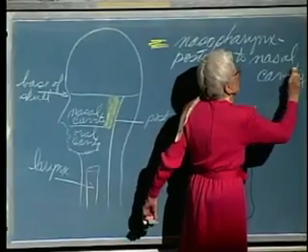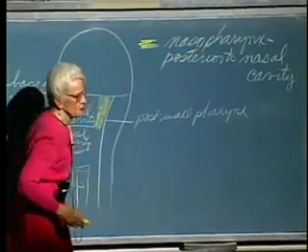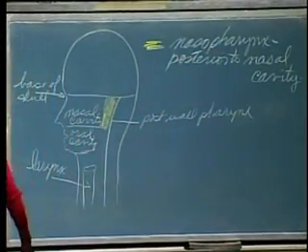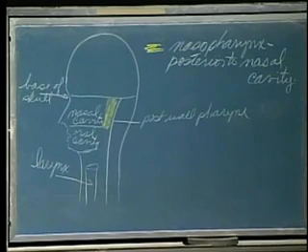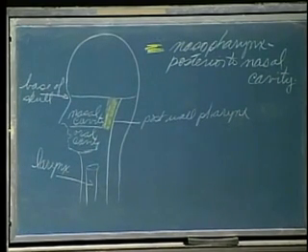Now, what do you know about the nasal pharynx that we've had previously? What tube do we find originates there? Pardon? No, that's a cartilage. Right? The eustachian tube, right.